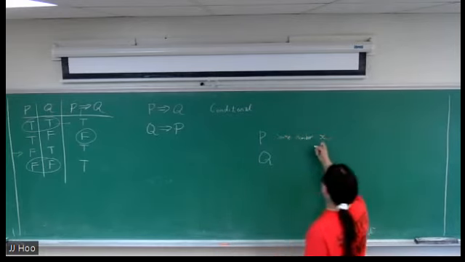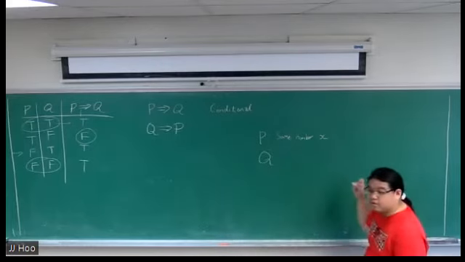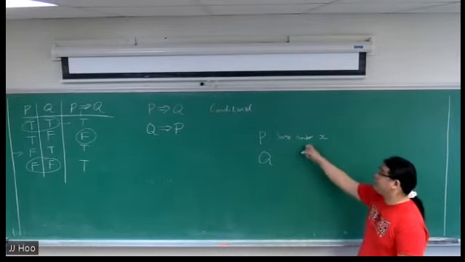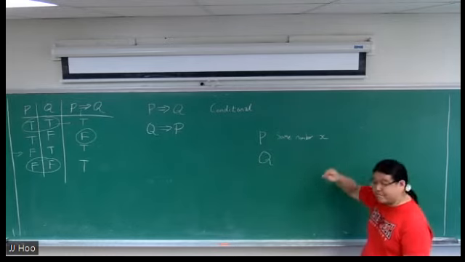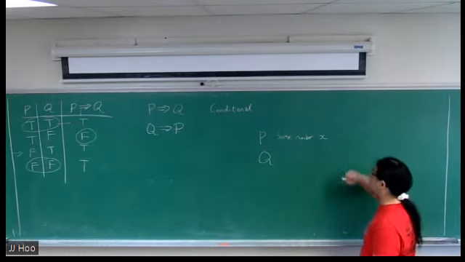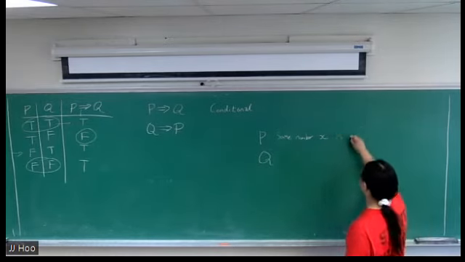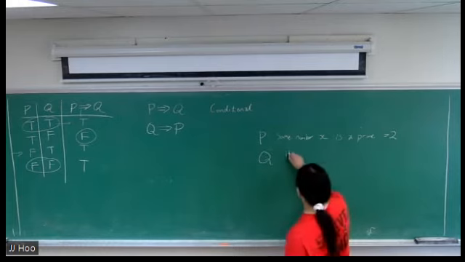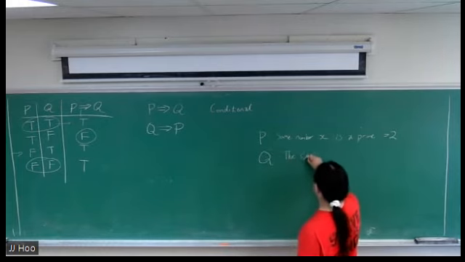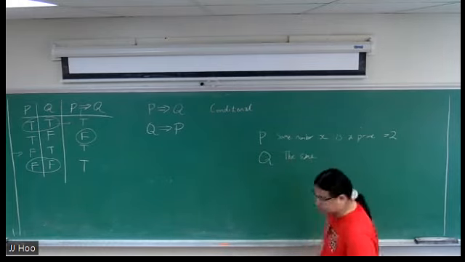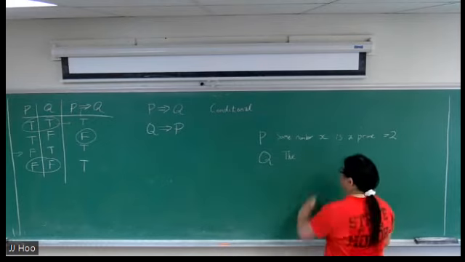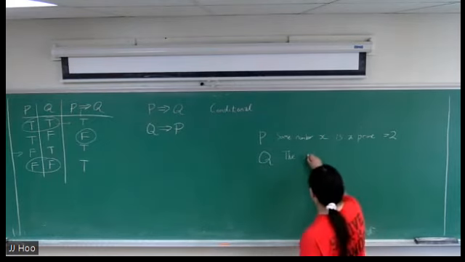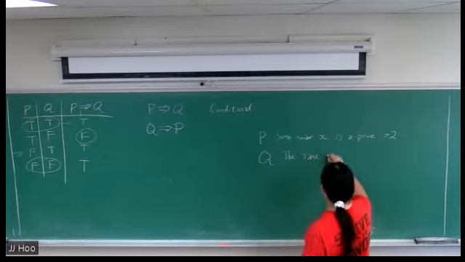We don't know what it is now. Again, this is not a variable, because I'm saying that it's some number. I'm fixing it to be some number x. And Q is, I'll just say the same number. There's some stuff in here I'm neglecting and not being formal about, but y'all get the idea.